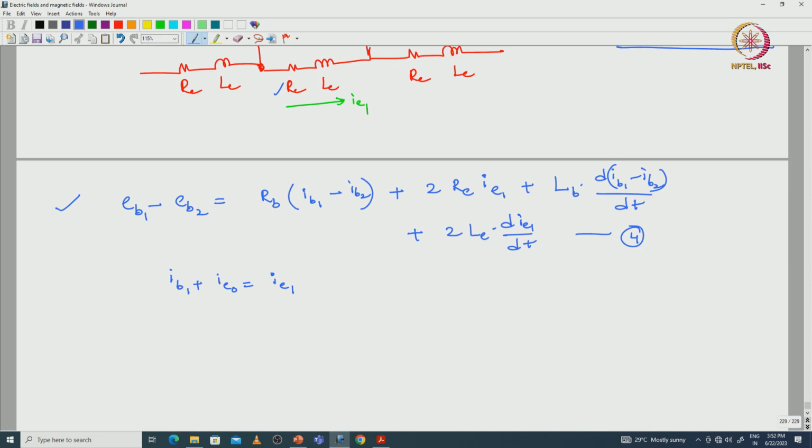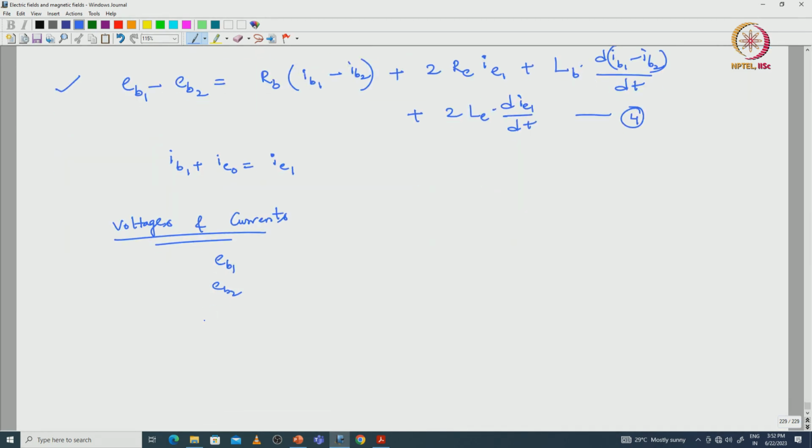So, in steady state, how can we represent the phasor form of the voltages and currents like EB1, EB2 and IB1 and IB2?